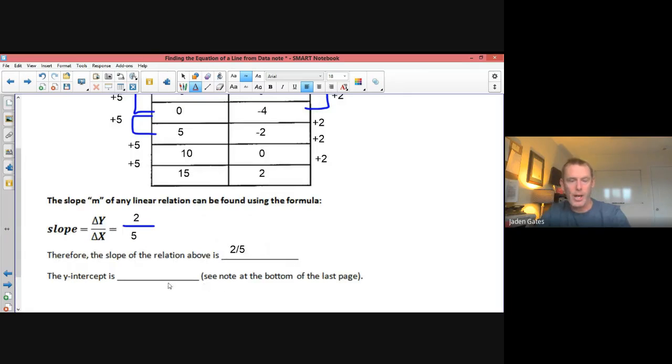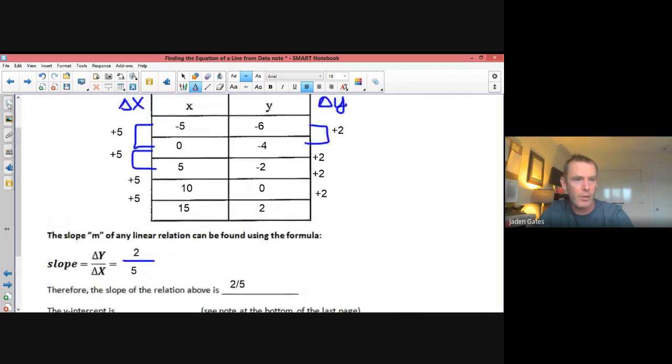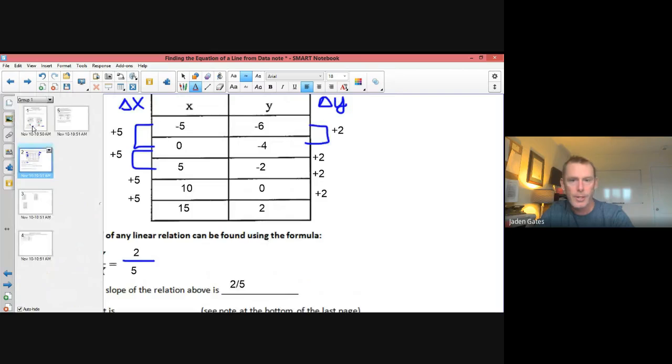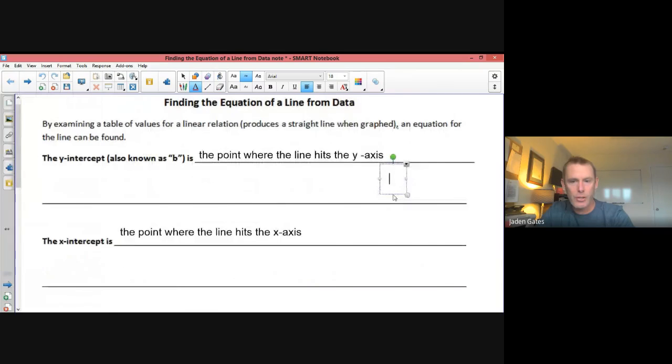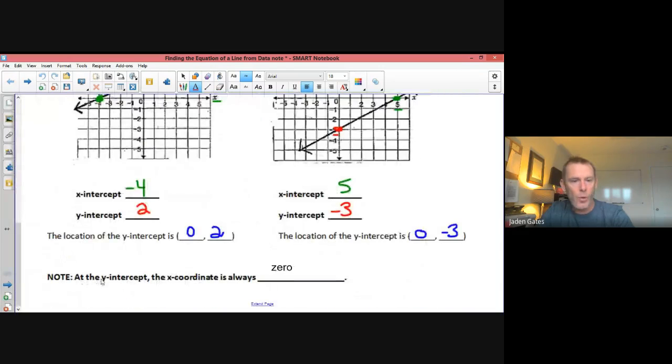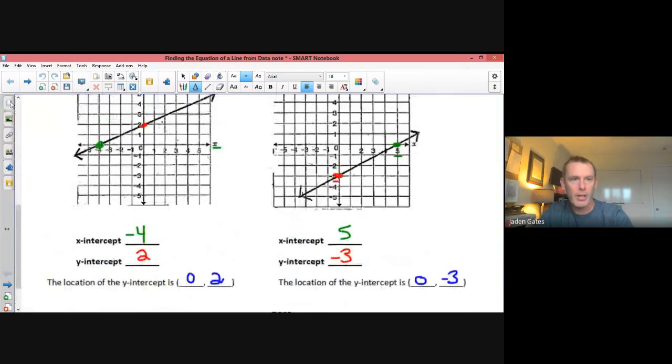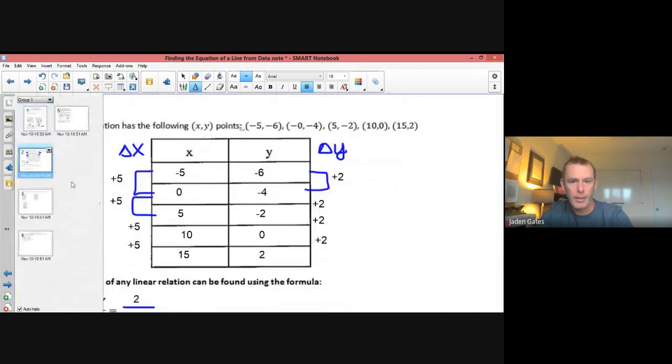The y-intercept. See the note at the bottom of the last page that we did. Okay, so how am I going to find the y-intercept? Let's look back at the first page. At the bottom it says, we look at the y-intercept. The x-coordinate is always 0. Okay, so now I go back.